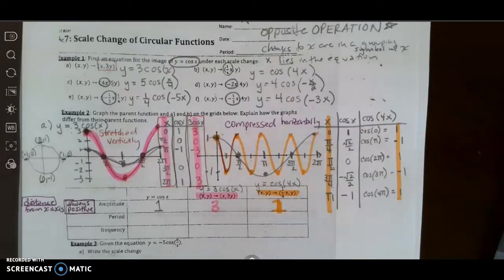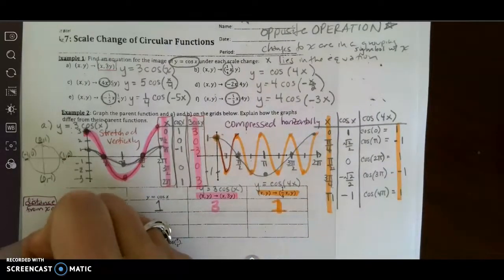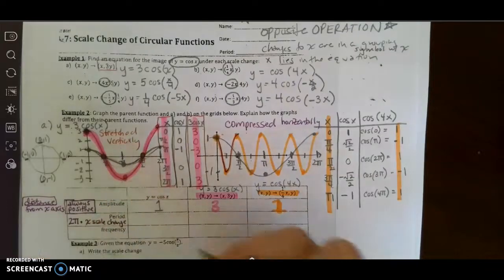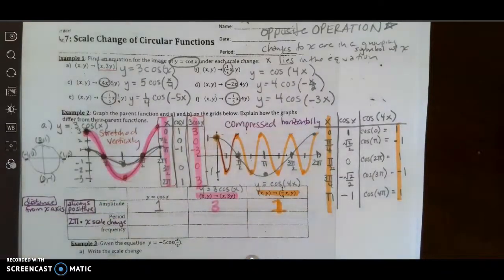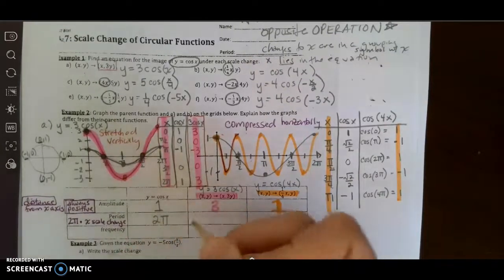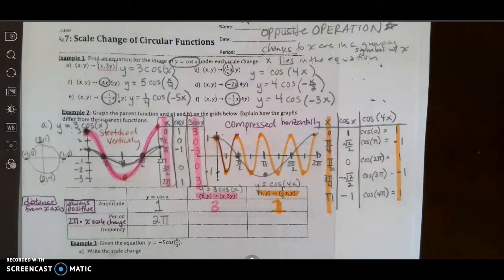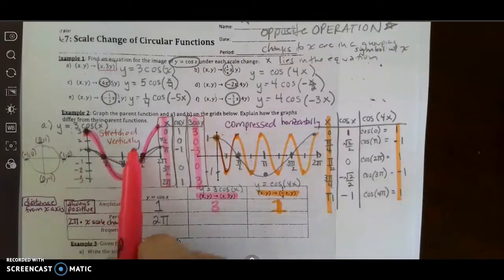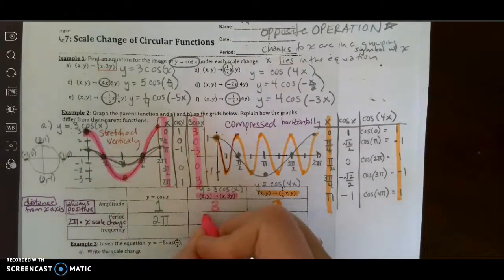Period. So let's look at what a period is. A period is 2 pi times the x scale change. Well, we know that in the original cosine, the period is just 2 pi. In my pink, there is no scale change on the x, which is why it still took 2 pi for a period to happen.